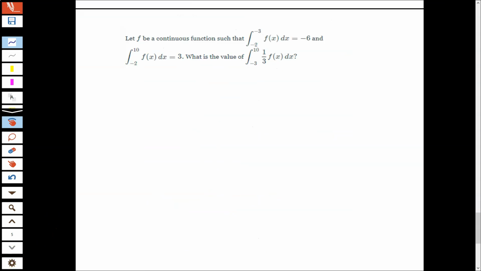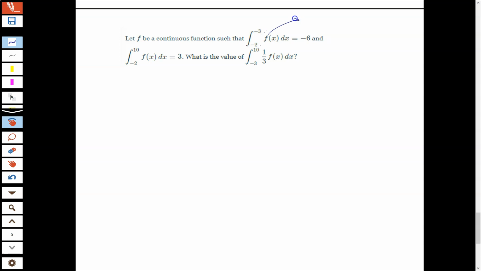Okay, so here's another example. It's very similar. But as you read this one, notice that my bigger number, negative 2, is bigger than negative 3. So this integral is set up backwards. It's actually called an improper integral. So what I want is for my smaller number, my lesser number, to be the lower bound.